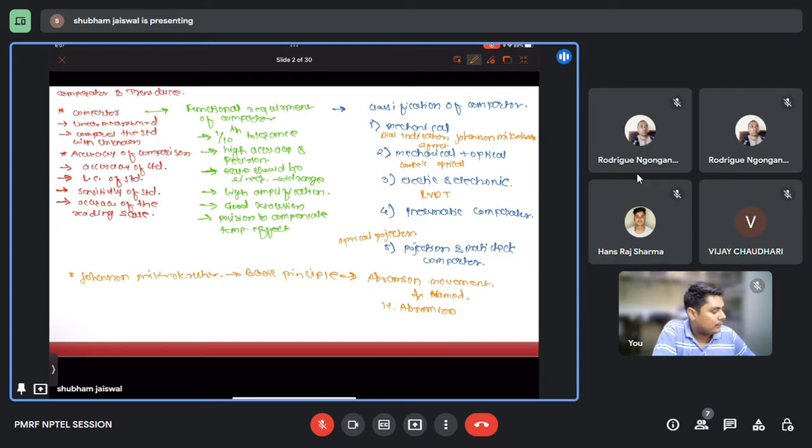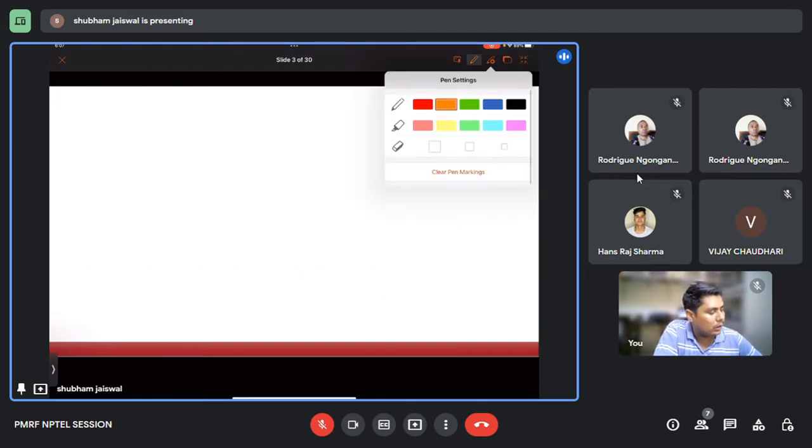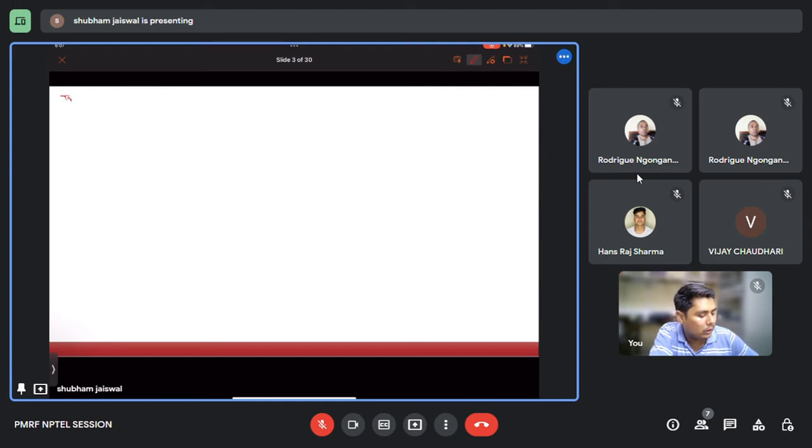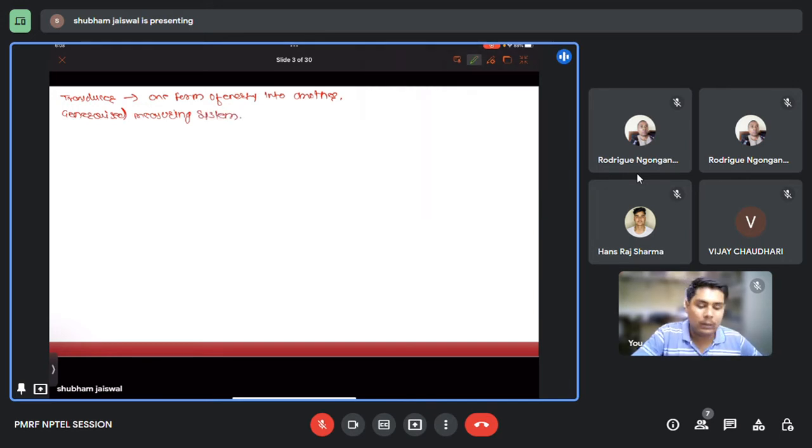After that we have seen the transducer, that is, it converts one form of energy into another. In this we have seen the generalized measuring system. It comprises three main stages.